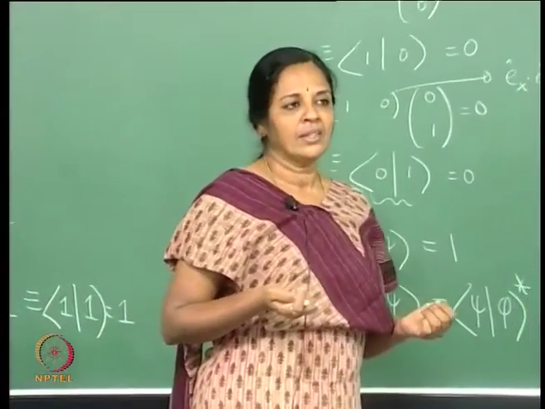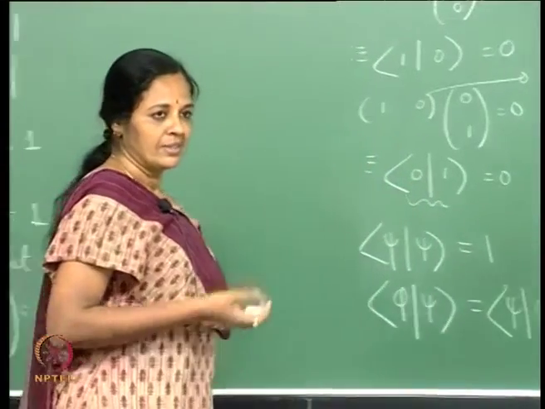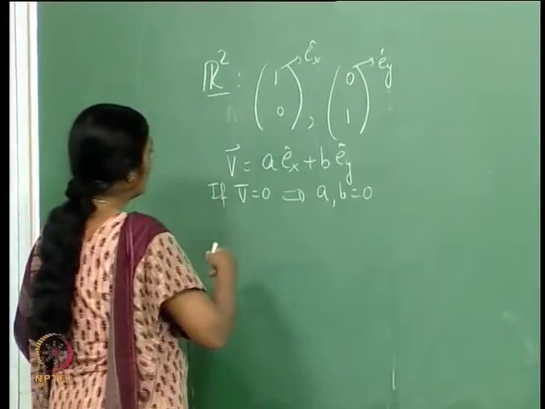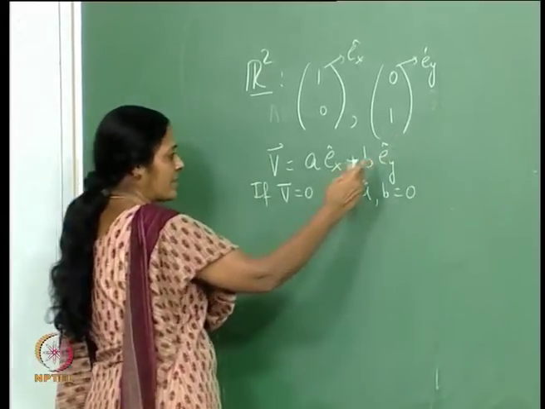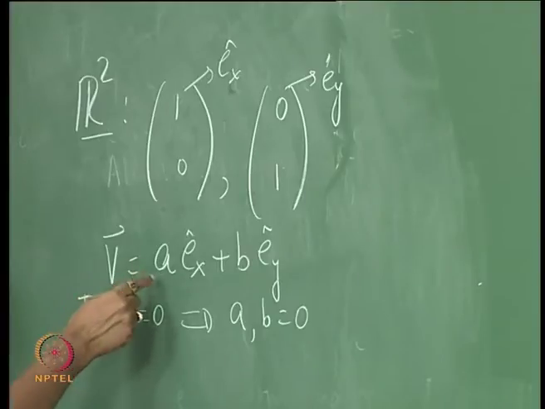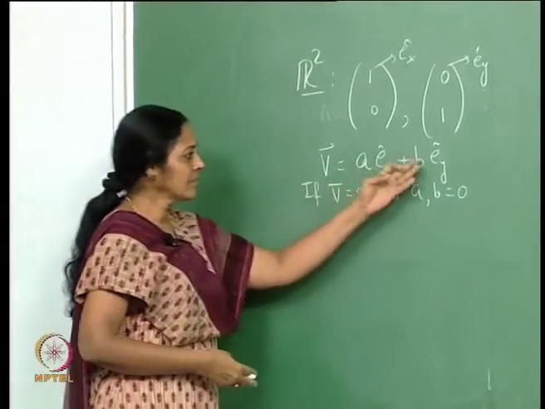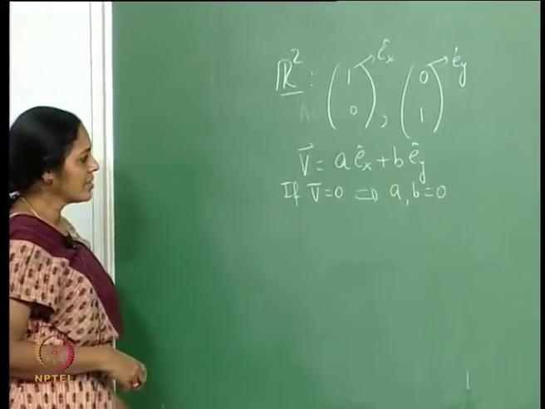In general, I will say that a set of vectors are linearly independent in the linear vector space considered if I make a superposition of all those vectors. If that superposition is 0, then it follows, if it follows that the coefficients are all 0, then you say that the vectors which are used to form the superposition are linearly independent.